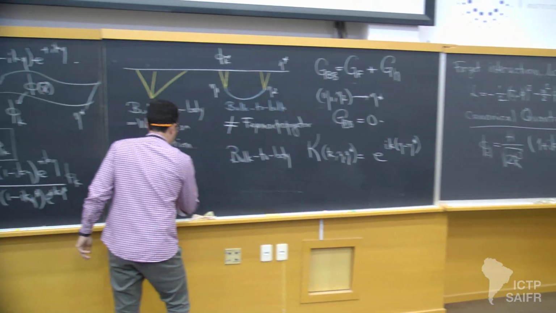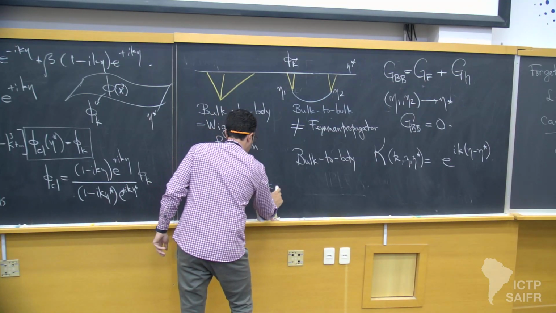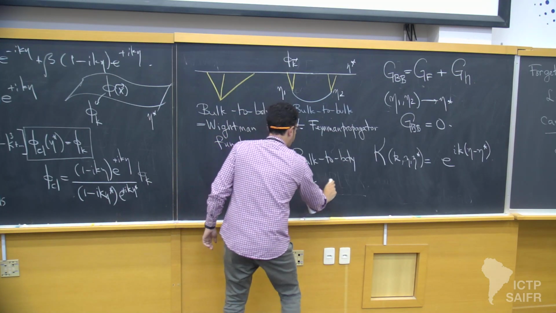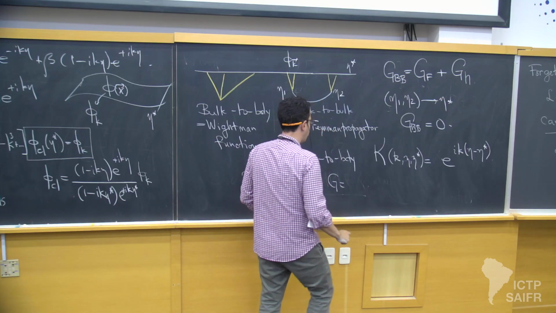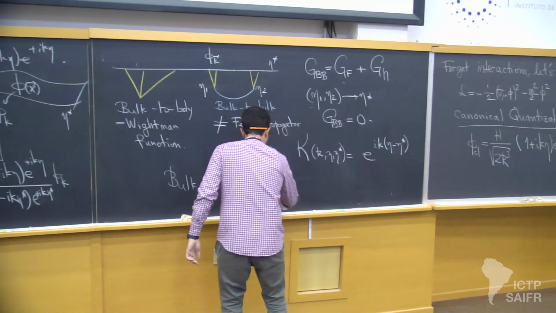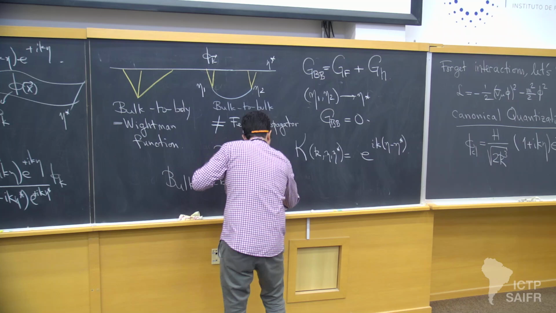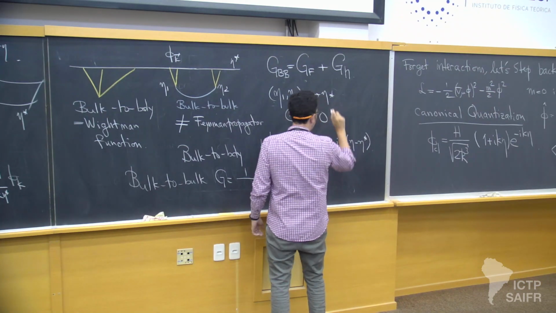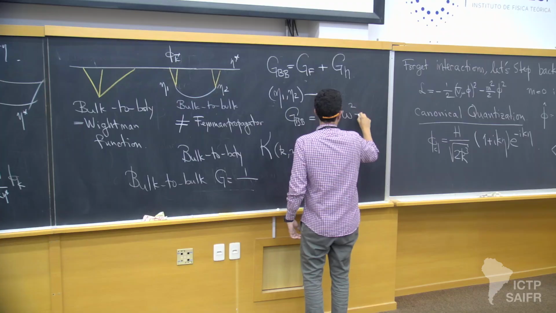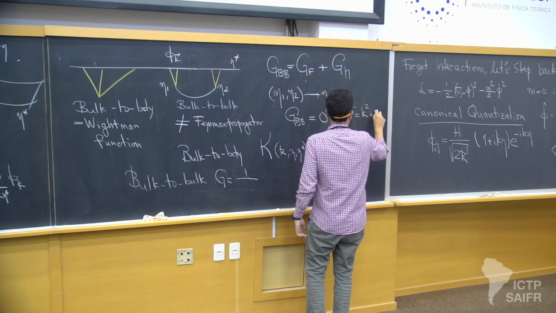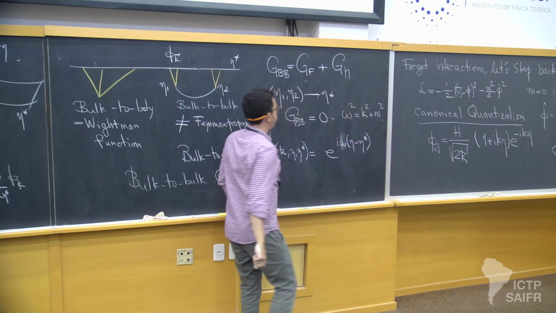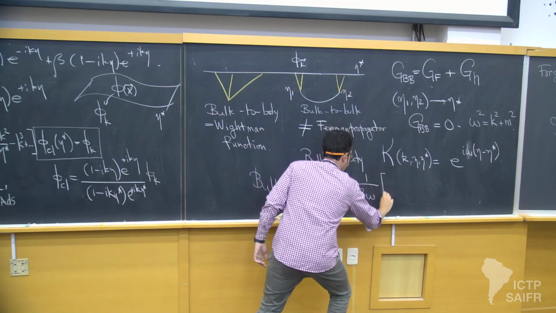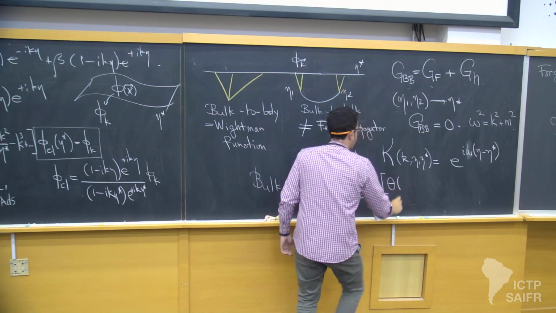And then bulk to bulk. Then the propagator looks like this. It will look very similar to what you know from QFT. 1 over, sorry, this is the frequency, right? We're in flat space, so as usual, omega squared is k squared plus m squared. So it's the frequency, so there's going to be 1 over 2 omega, theta function.